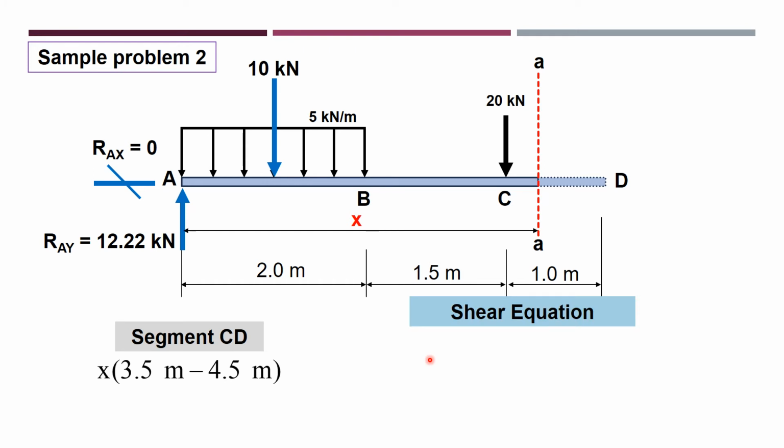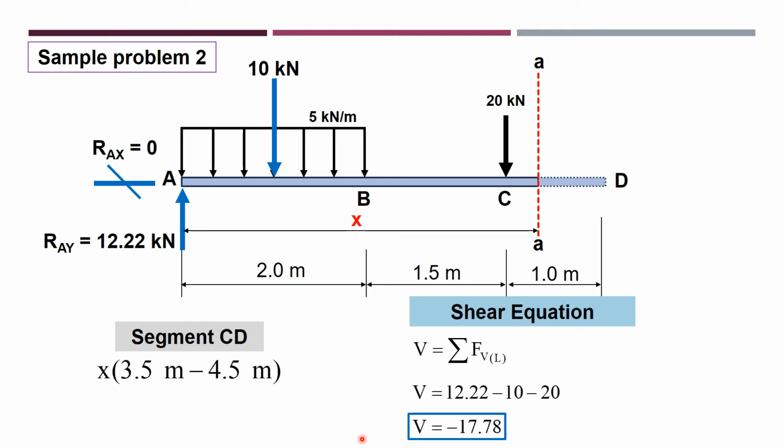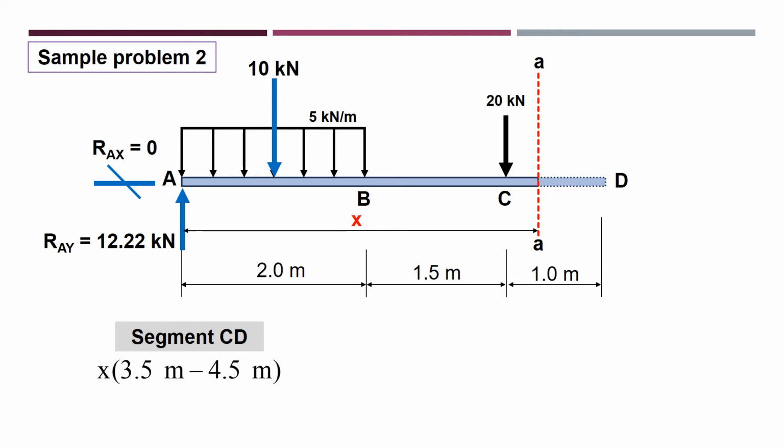So that when you sum up, you have 12.22 minus 10 minus 20, or V equals negative 17.78 kilonewtons for the shear equation for CD. And for the moment equation, of course, you need the distances of the other forces. Kasi ito may distance x na yan eh.